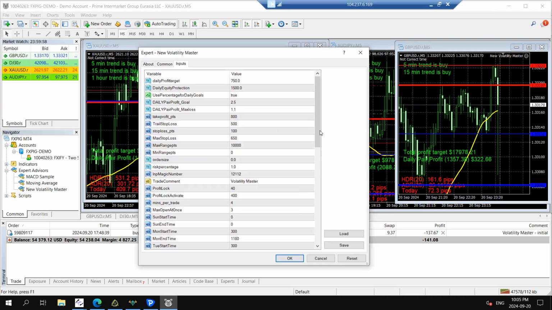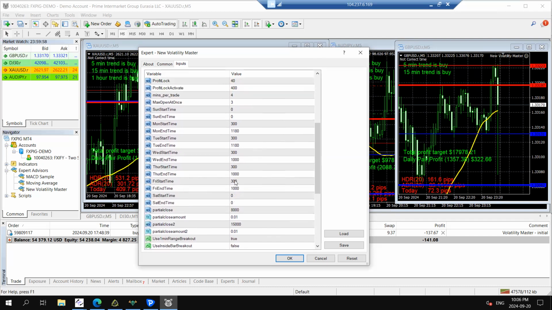This is my gold settings that I have set. I also have it set just to start trading at midday every day. This is trading gold just all day, not in relation to a red folder news event.